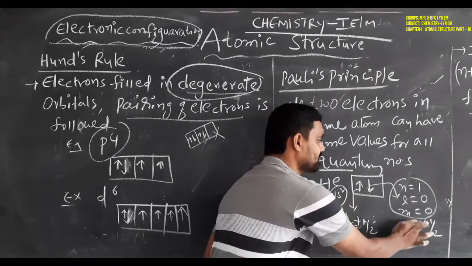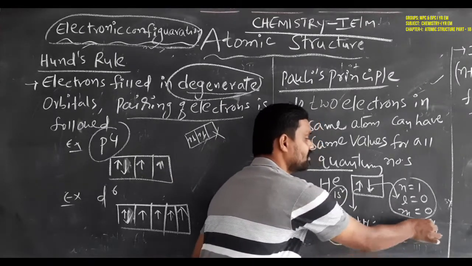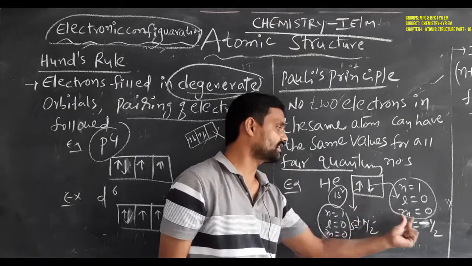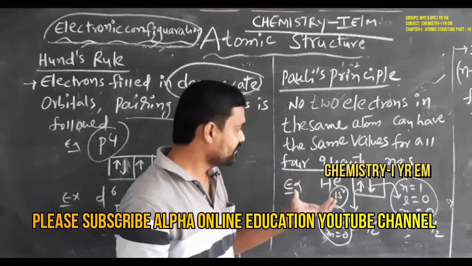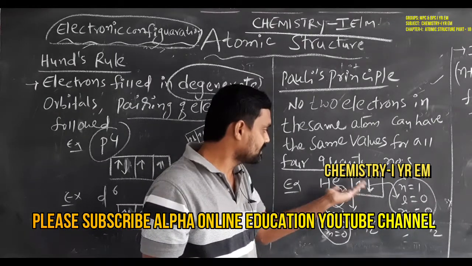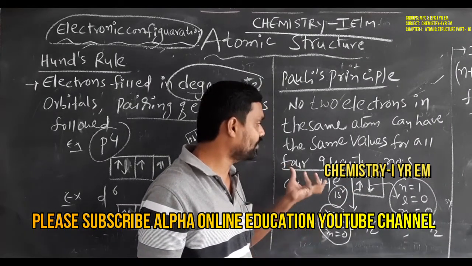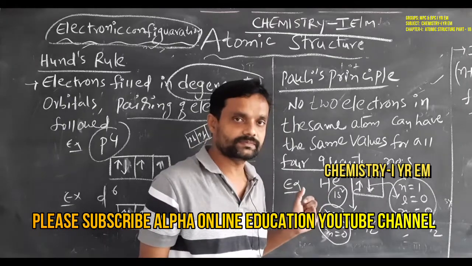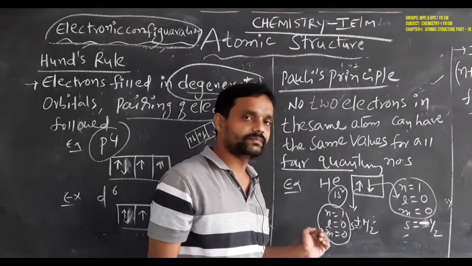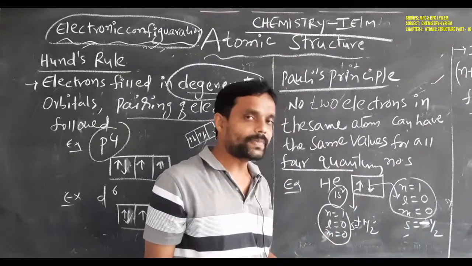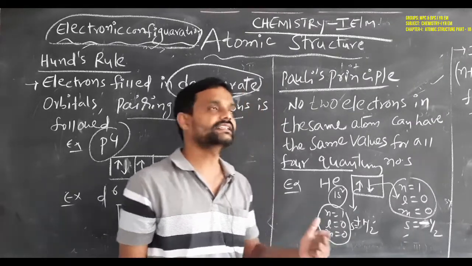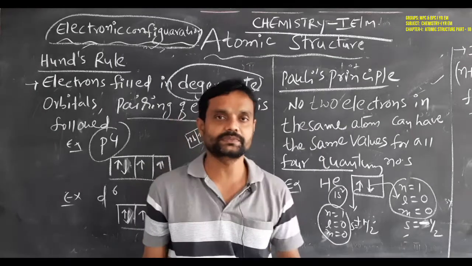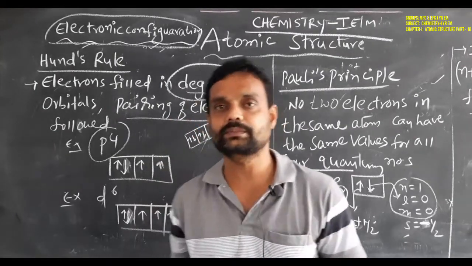The other electron is present in the anti-clockwise direction, so s is equal to minus half. That means any two electrons in an atom do not have all four quantum numbers the same; the n, l, m values may be the same but they differ in their spin quantum number. This is Pauli's principle, nothing but Pauli's exclusion principle.